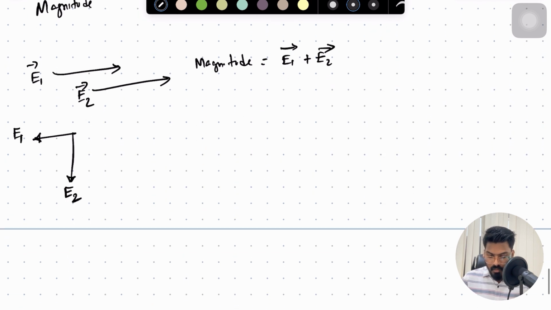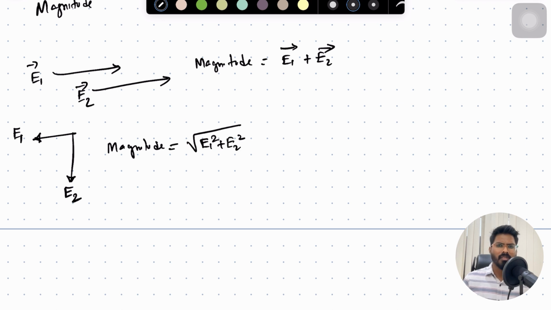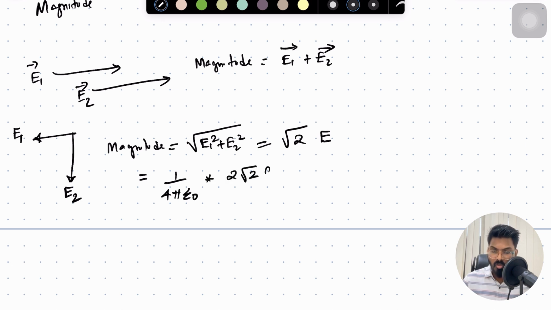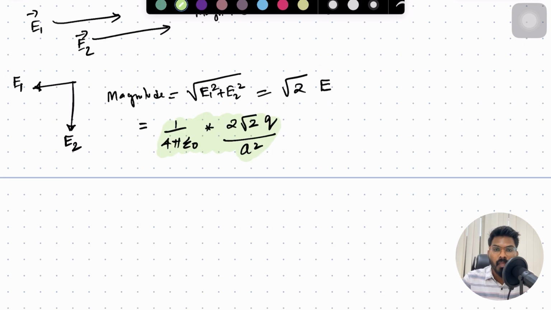So if you want to calculate magnitude, we have to do square root of E1 square plus E2 square, which, both being the same, is square root of 2 times E, which is 1 by 4 pi epsilon naught into 2 root 2 into Q by A square. This is the value we are looking at for the magnitude.